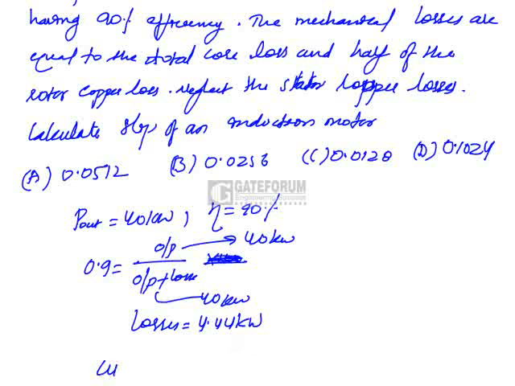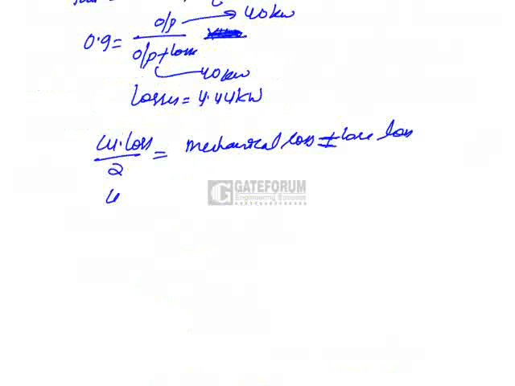He has given that half of the copper losses is equal to mechanical loss, which is equal to core loss. Now I represent copper loss as A. What is the total loss here?